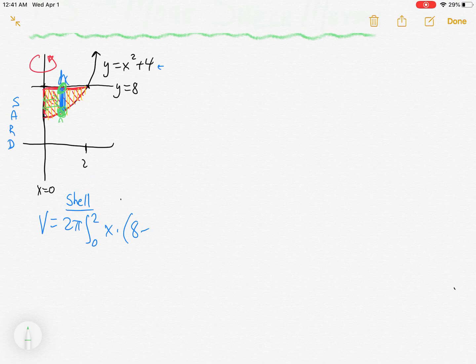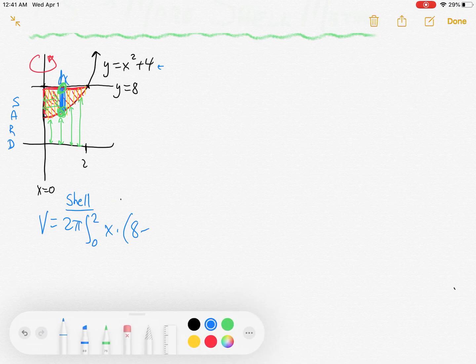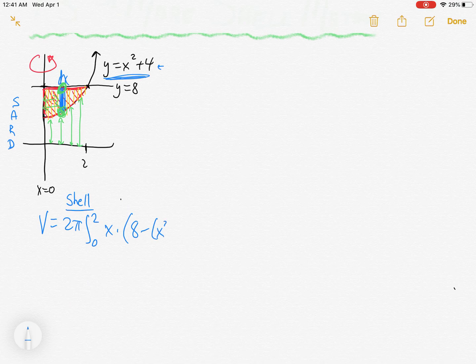The bottom y-coordinate is that distance, and it's changing as the rectangle moves through the region. It's just the y-coordinate of that curve, which is x squared minus 4. So we've got to be careful with our parentheses here. It is 8 minus your current y-coordinate, which is expressed with x squared minus 4.